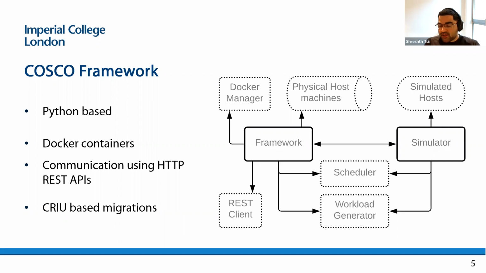And all the workload creation, decision making, execution of tasks, migration, etc., are all run at the start of the scheduling interval, just to make sure that we are in that discrete time control setting. So all of these controllers like scheduler, workload generator, all of these are discrete time controllers.